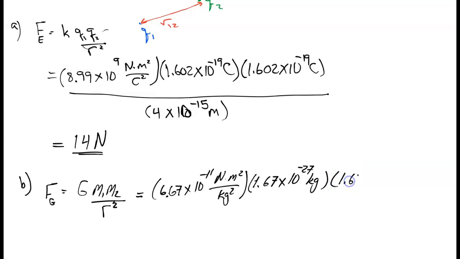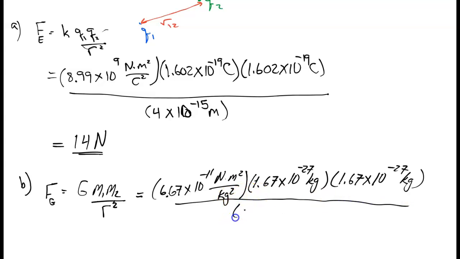So we would write that times itself, divided by, again, the distance between them, which is 4 times 10 to the minus 15th meters, squared. And I forgot to square it up here, but the answer is correct. I just forgot to write it down.